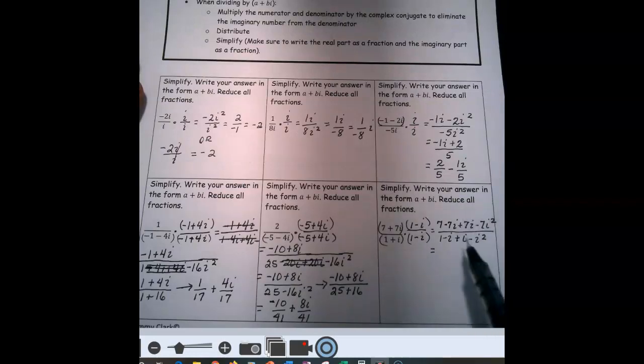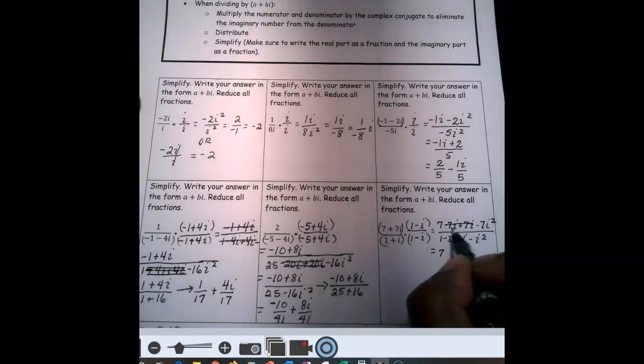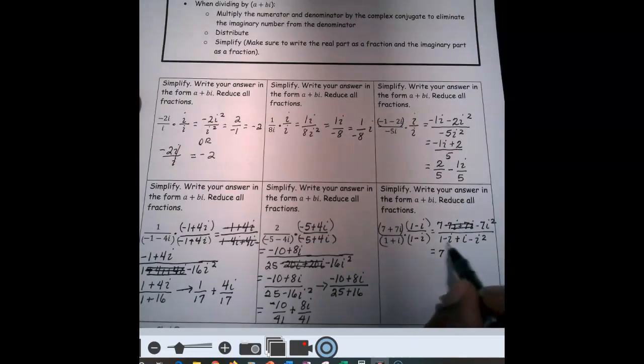Well, if you notice here, negative 7i and positive 7i, they actually eliminate each other, right? So we're just going to take them out. And then we have here negative i and positive i eliminate each other. So now what's left is 7 minus 7i squared divided by 1 minus i squared.